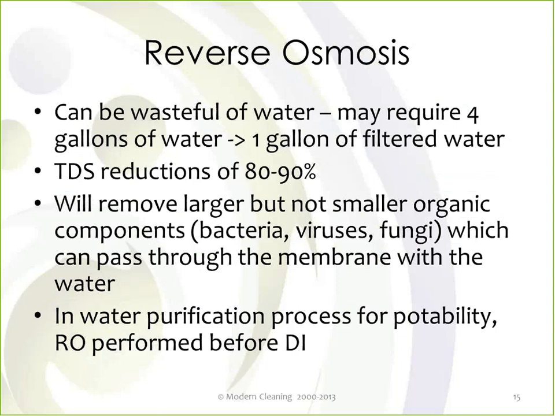Reverse osmosis is very wasteful. It may require 4 gallons of water to 1 gallon of filtered water. The larger the operation, the better the efficiency, but it still can be very wasteful. It gives TDS reductions of 80 to 90%, which is why it's usually paired with 1 or 2 other types of purification methods. It will remove large organic components. There are some large bacteria, viruses, and fungi it can take out, but the smaller ones do get through.